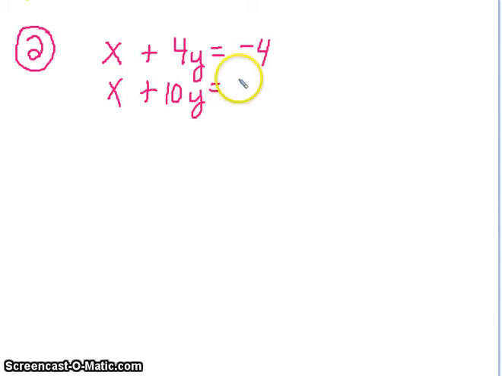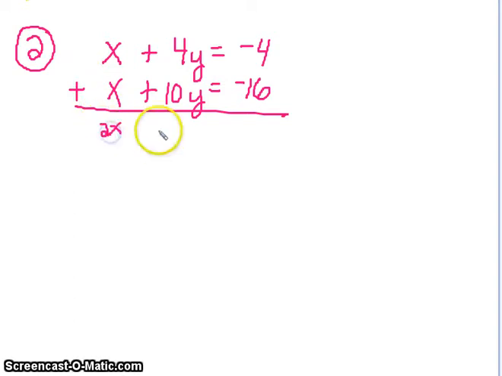If we have x plus 4y equal to negative 4, and x plus 10y equal to negative 16, and we add these together right here, combining them, that is going to give me 2x plus 14y equals negative 20.